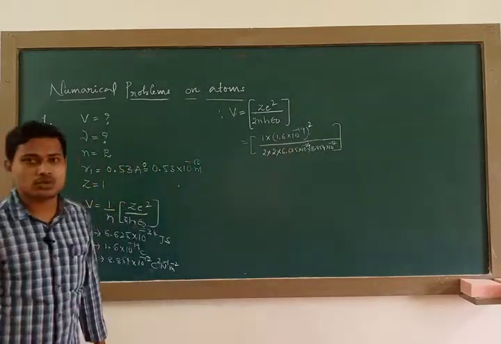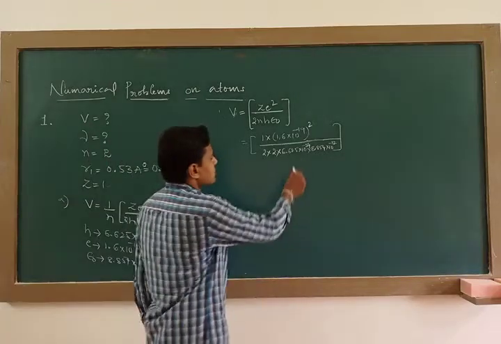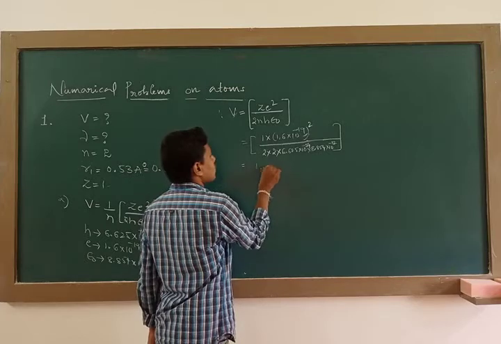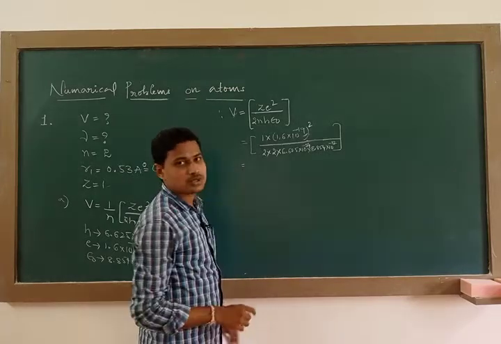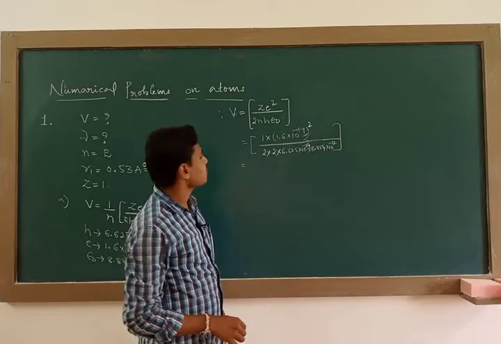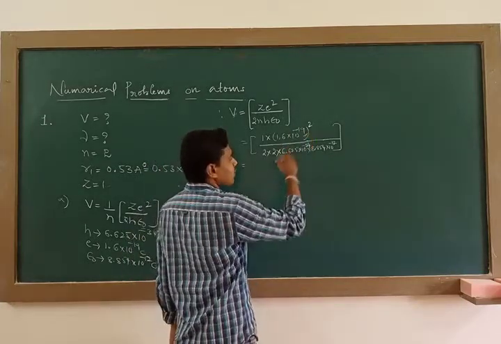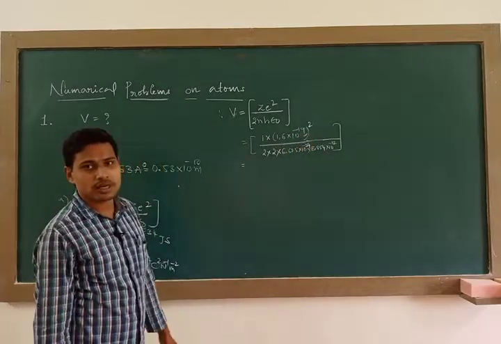Wherever numericals come, first simplify the powers, as I always told you. This step can be written as 1.6 whole square, and 10 power minus 19 whole to the power of 2, that is 19 twos are 38.